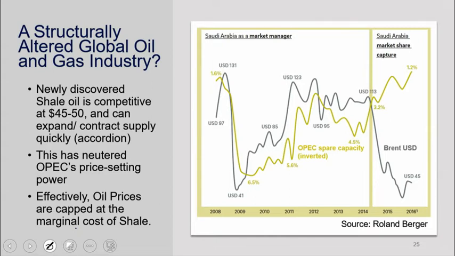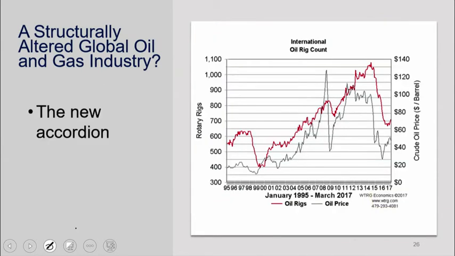But thereafter, that correlation has kind of broken down, showing that OPEC now has less and less control over oil prices. The reason for that is actually a structural shift in the market for oil.